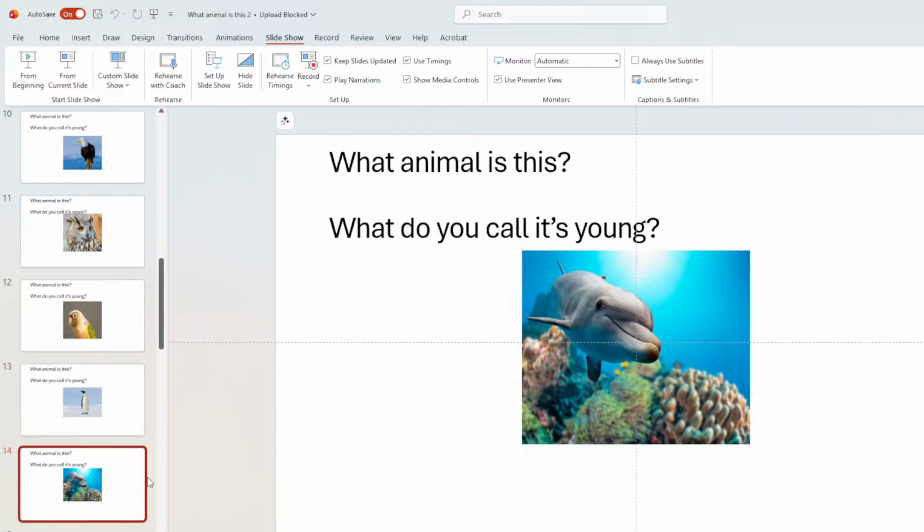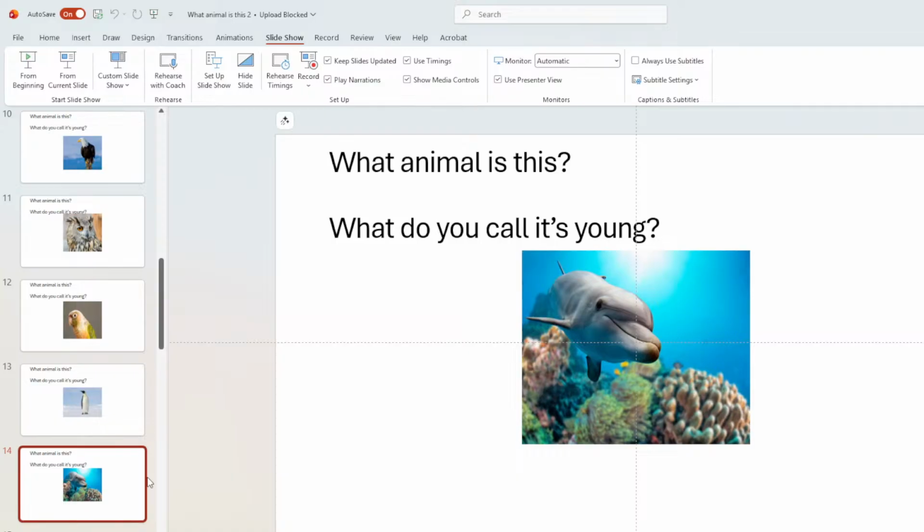You can see this is a water animal. It's an aquatic animal, which means it lives in water. Let's just focus on the large animal that we can see on our screens. What do we call that animal? It lives in water.